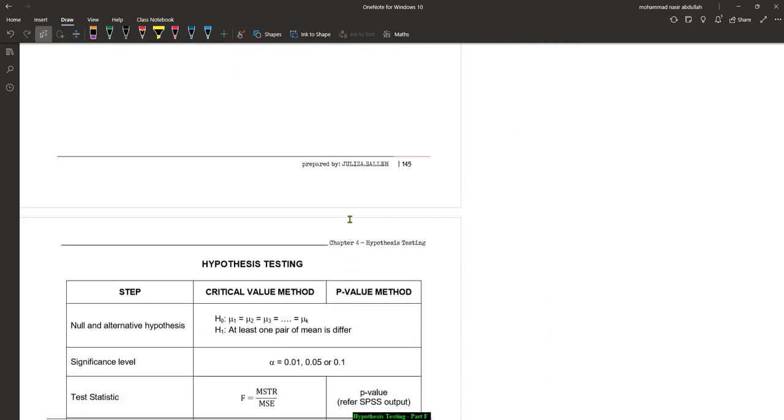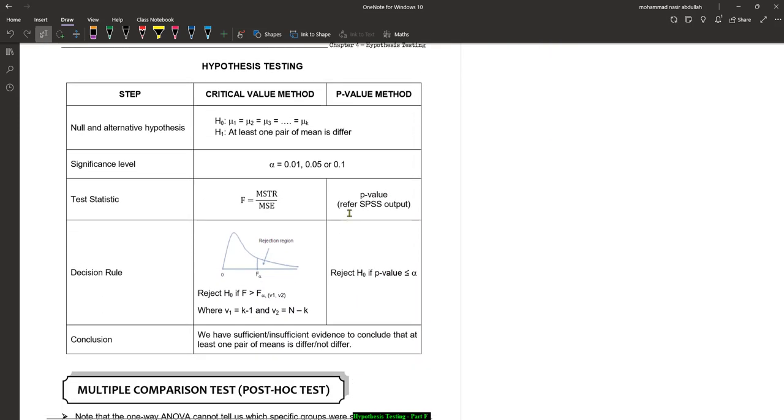So let's look at the hypothesis testing format. The same thing as what we did before. But the null hypothesis, right? Remember I compare with the independent sample t-test because this is closely related. In the independent sample t-test we compare only 2 groups.